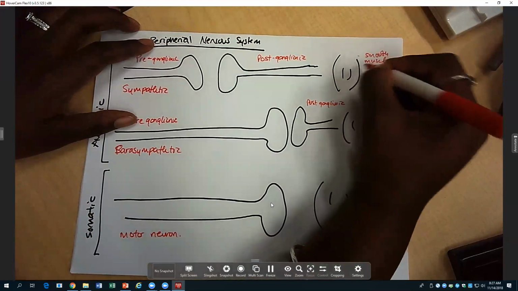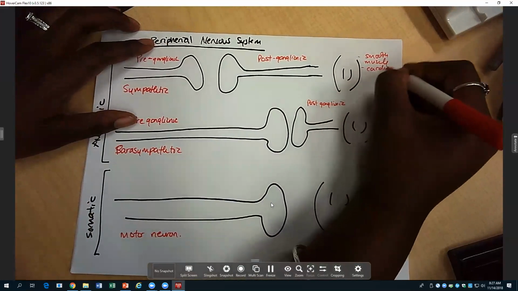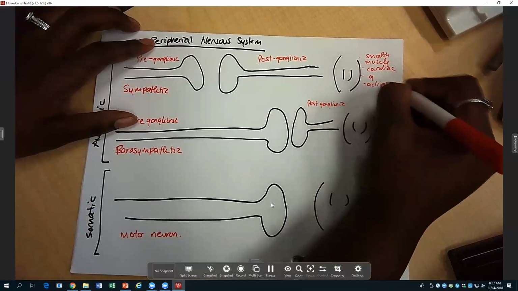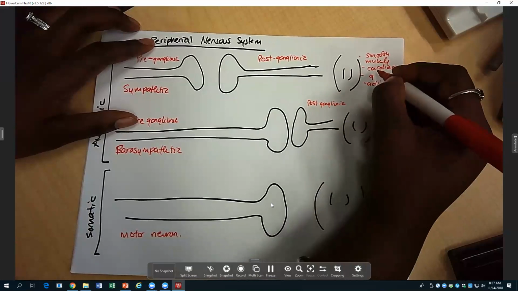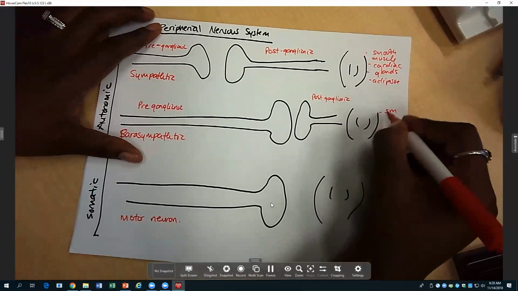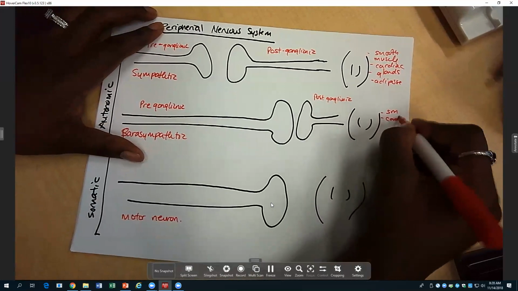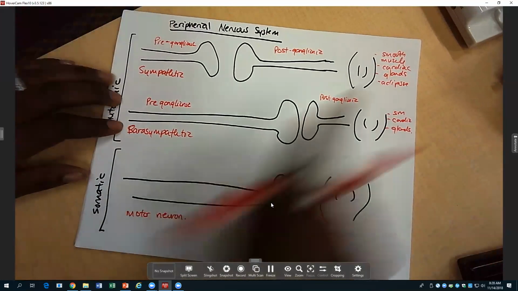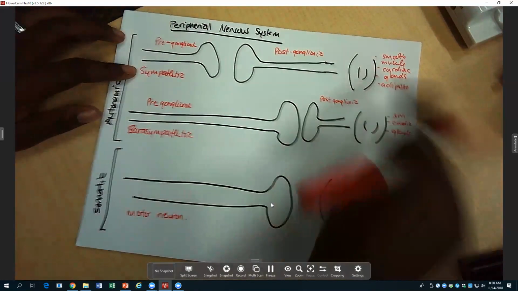What else? Cardiac muscle and adipose, right? And glands, yeah, glands. Smooth muscle, cardiac muscle, glands for these parasympathetic. Adipose was only for the sympathetic, okay?